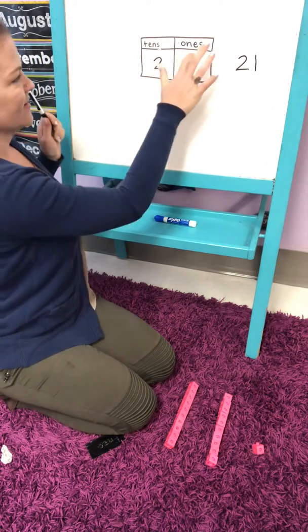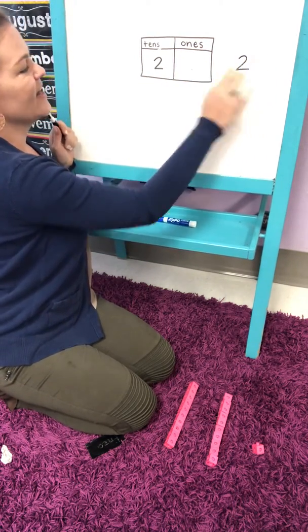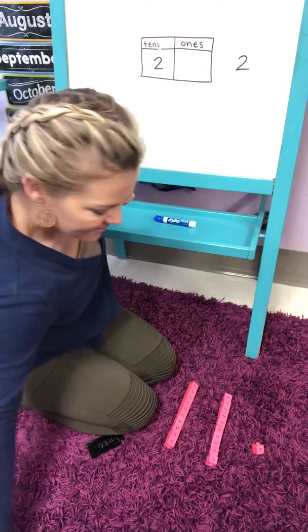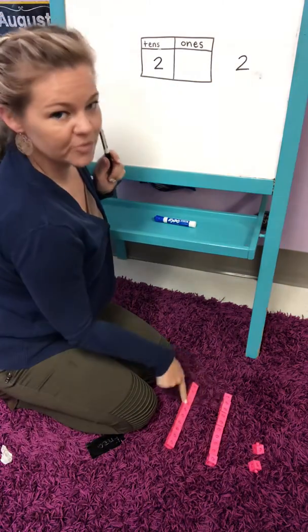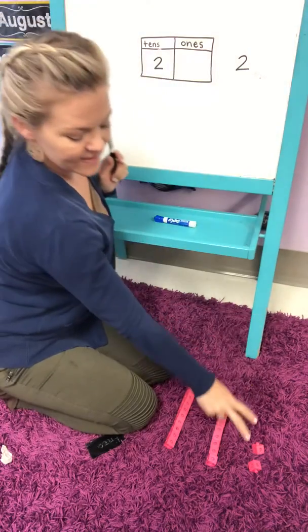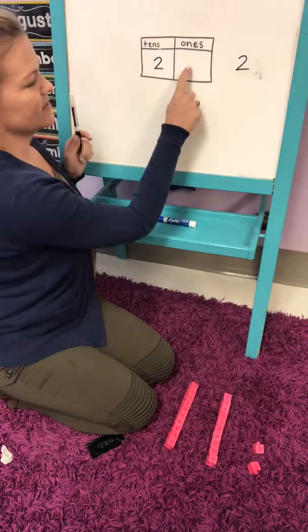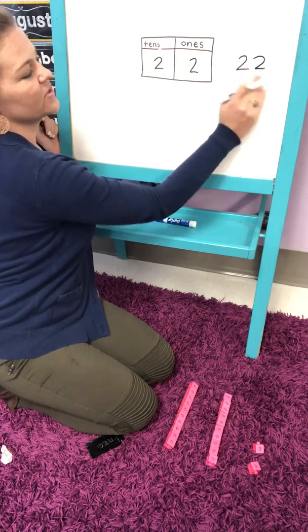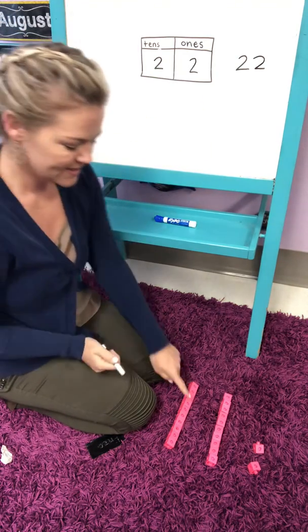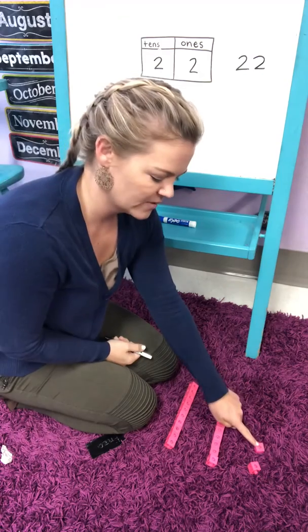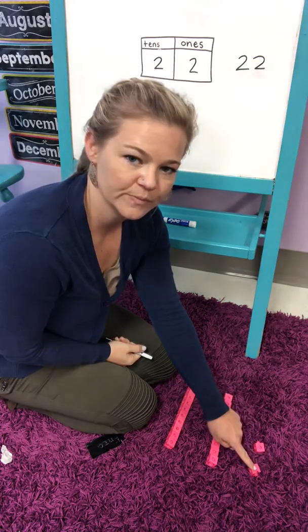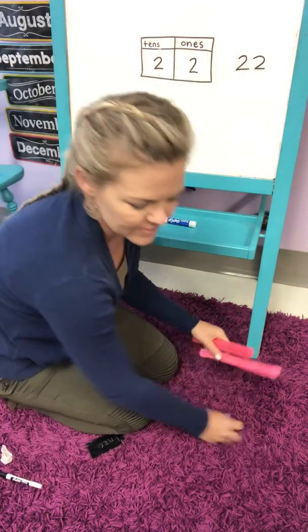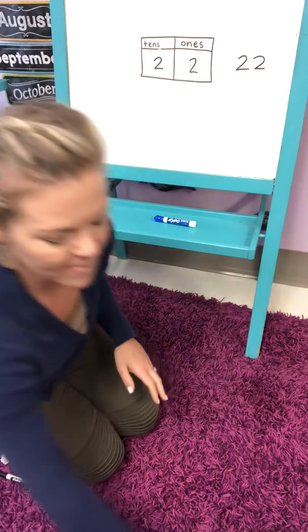What if I added another extra block? Now I've got 2 groups of 10 still, and then now I have 2 extra ones. So a 2 in the ones place, and that would be 22 total. 10, 20, 21, 22. All right, guys, now let's do some work in our math books.